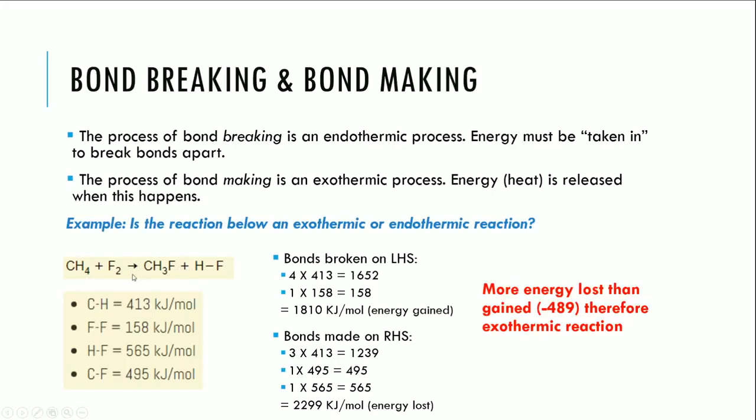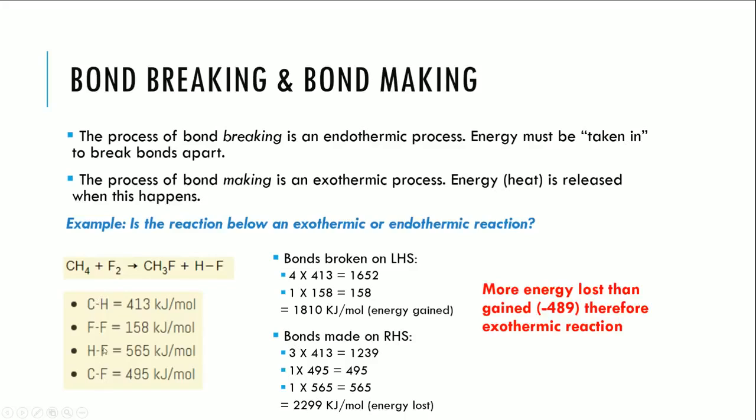What that means is, if we were to break apart all the individual bonds on the left-hand side, we should be able to make whatever molecules or the products on the right-hand side. So using that information, let's break apart every single bond on the left-hand side and see what we get.